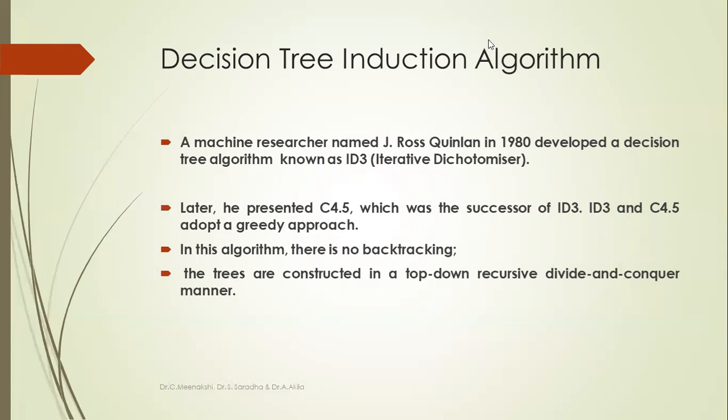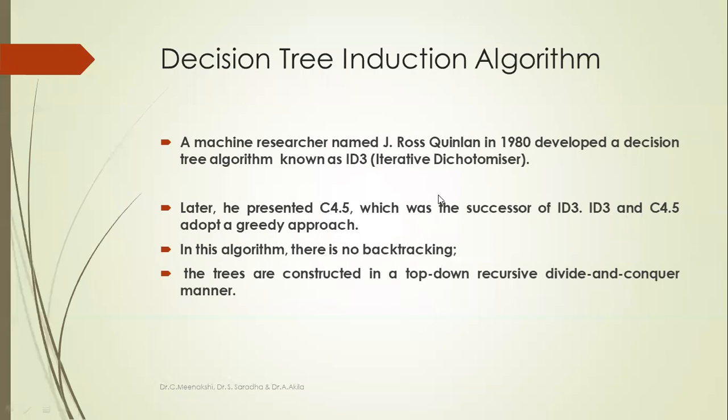In 1980, he developed this induction tree algorithm, called ID3. He then presented C4.5, which is the successor of ID3. ID3 and C4.5 adopt the greedy approach, and there is no backtracking. Backtracking means you cannot traverse back.